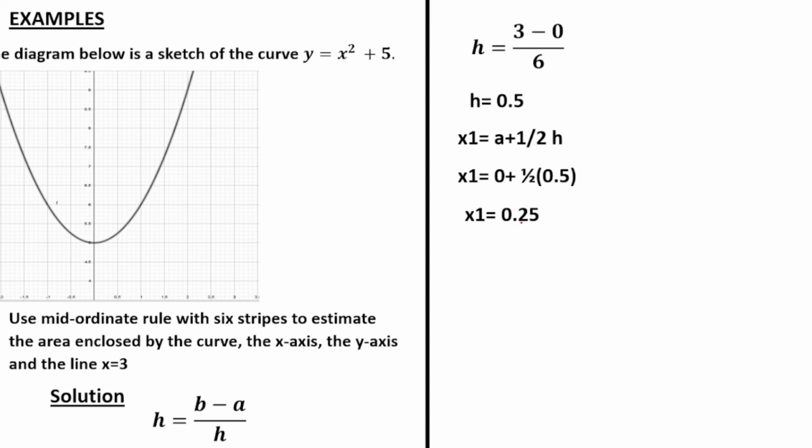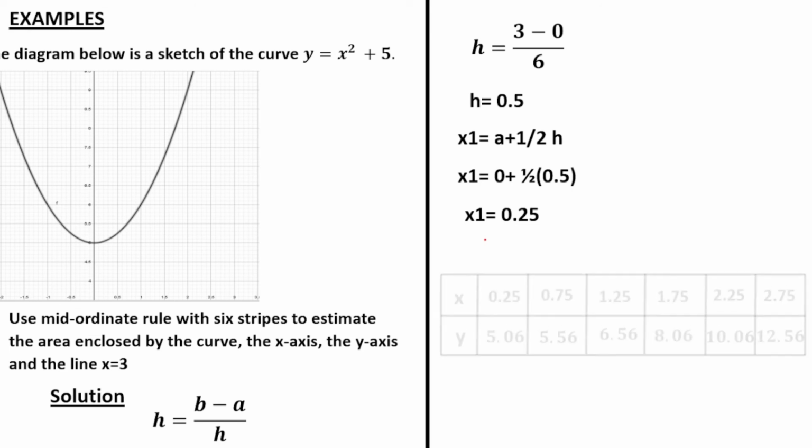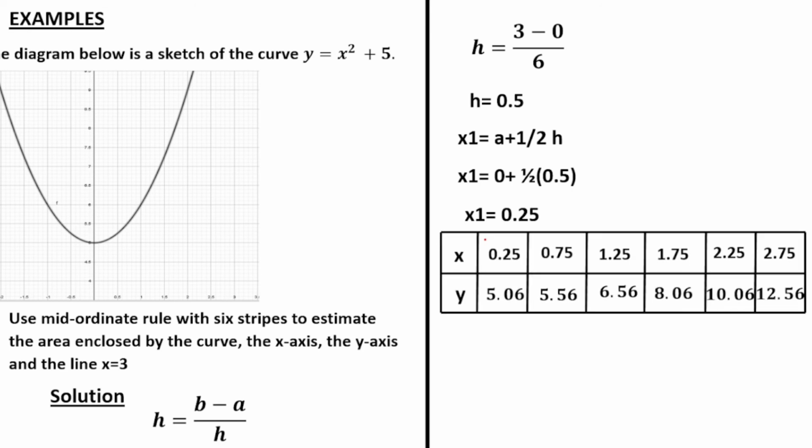Then we get the corresponding y by substituting the value of x in the equation of the curve given. I have tabulated this and obtained these values of x and the corresponding values of y. So when x is 0.25, y is 5.06, and when x is 0.75, y becomes 5.56.